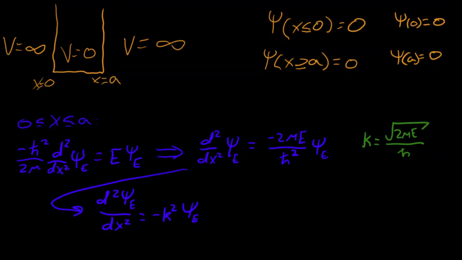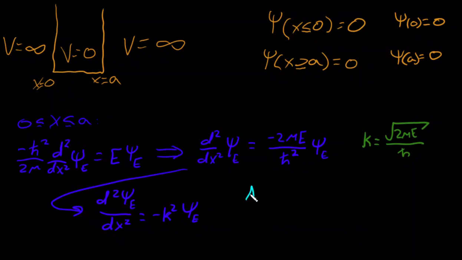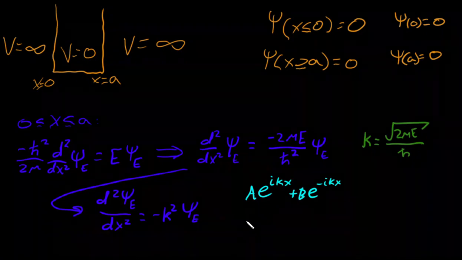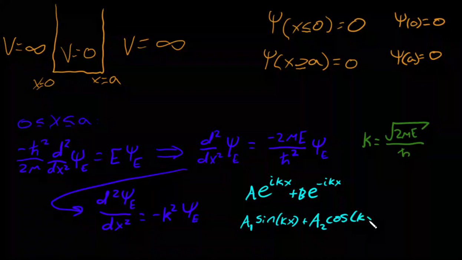This is a differential equation we know how to solve. We could write the solution in one of two ways. We could write it as A e to the i k x plus B e to the minus i k x, or we could write it as A1 sine of kx plus A2 cosine kx.